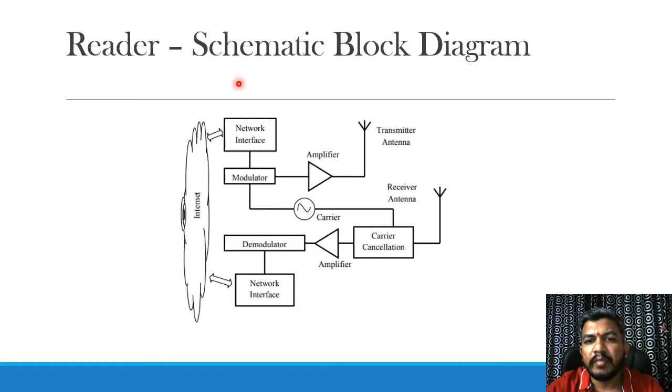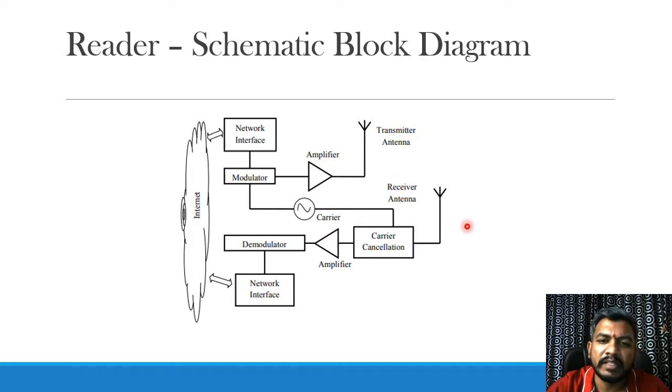This is the basic schematic block diagram or functional block diagram of an RFID reader. The radio frequency carrier signal, based on the information which is to be passed to the tag, is modulated first. After the modulation, the signal is amplified. The amplified signal is then radiated out via the antenna. In a similar way, the electromagnetic waves radiated back by the tag are received by the receiving antenna.